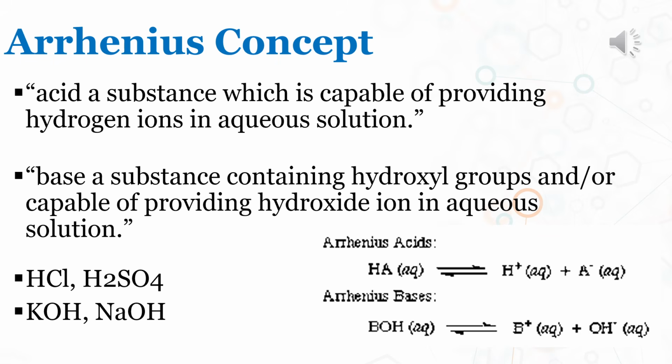The Arrhenius acid is a substance that produces hydrogen ions in water, while the Arrhenius base is a substance that produces hydroxide ions in water. This concept only works in aqueous solutions such as water only, okay? And in terms of the general formula, you have the photo on the bottom right part of this slide. Kindly take note of that.